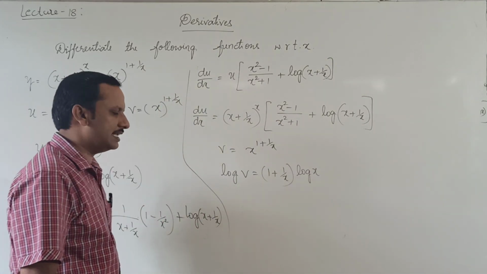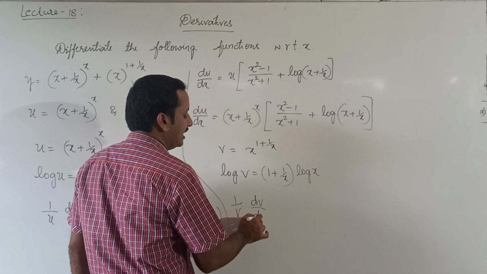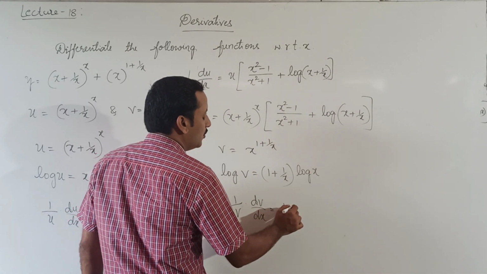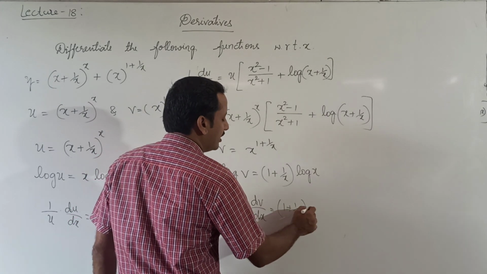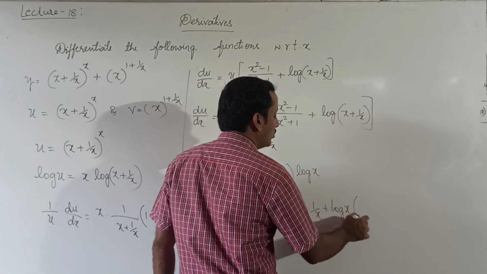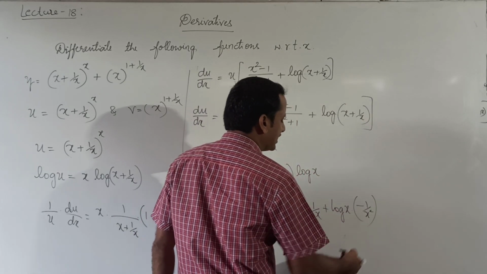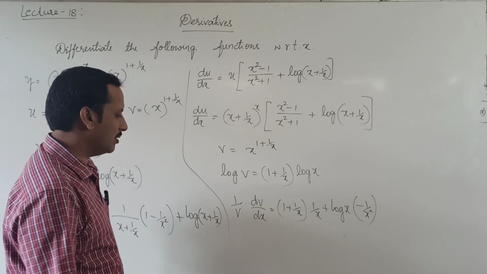Now differentiating with respect to x will give you 1 by v into dv by dx is equal to (1 plus 1 by x) into the derivative of log x, which is 1 by x, plus log x into the derivative of (1 plus 1 by x). Derivative of 1 is 0, derivative of 1 by x is minus 1 by x square.